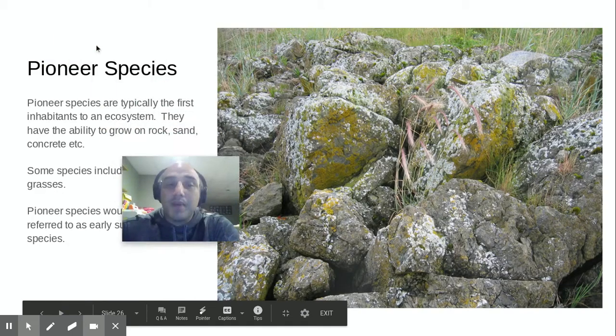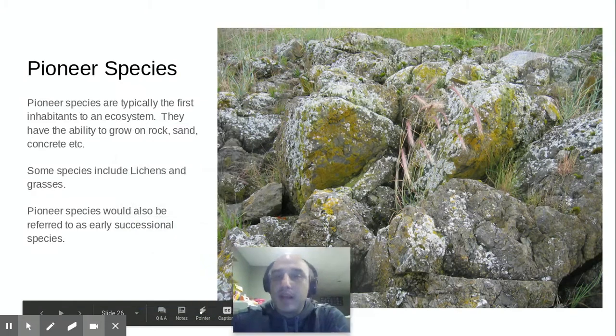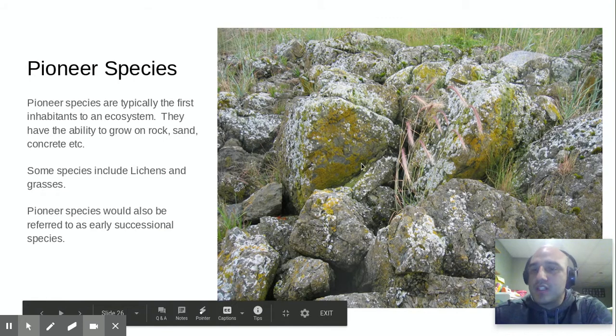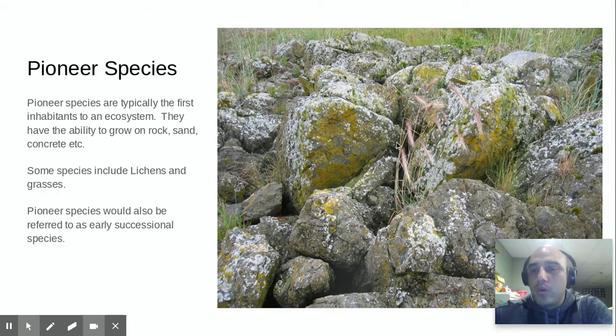I know we've discussed pioneer species, and pioneer species are species that inhabit an area first. If this is bare igneous rock, young rock, before this develops into a beautiful soil, it has to break down. And so the term pioneer species was born, which means a species that inhabits an area first. These species would be things like lichen, beautiful lichen, and grasses, and they're going to slowly erode away these rocks by biological processes.